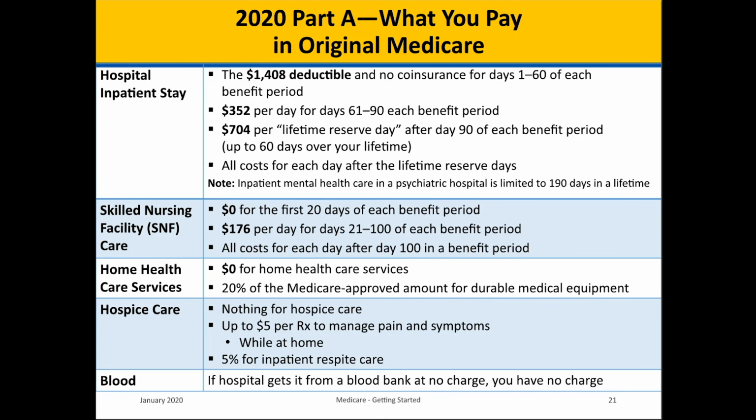And then should the patient or family need it, there's a 5% co-insurance amount for inpatient respite care. And also blood. If the hospital gets it from a blood bank at no charge, then there's no charge to the member. Next slide, please.